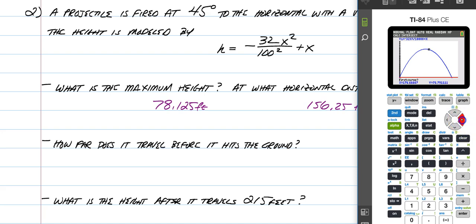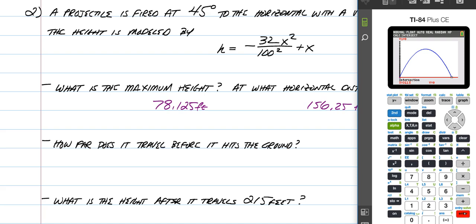And all you have to do is get your little spider guy, or your little blinky, whatever you want to call it, closer to that side and click Enter 3 times. And it's going to give you 312.5.